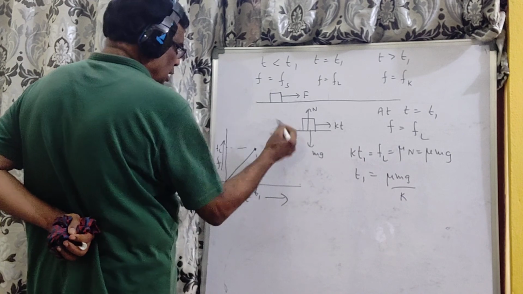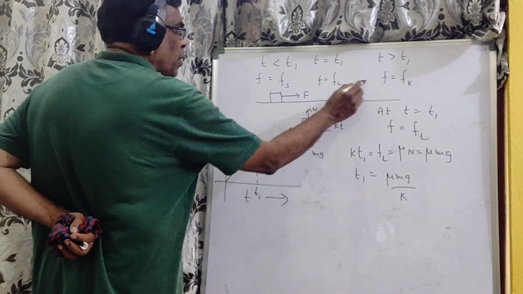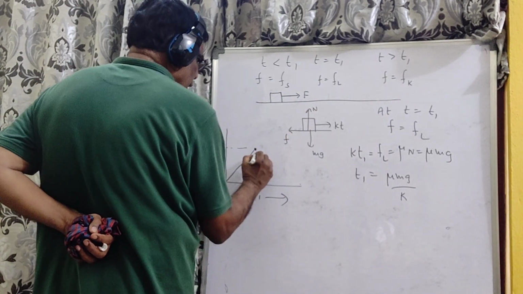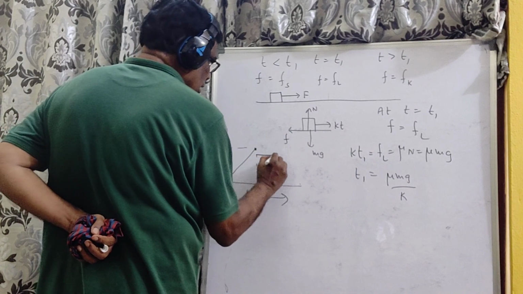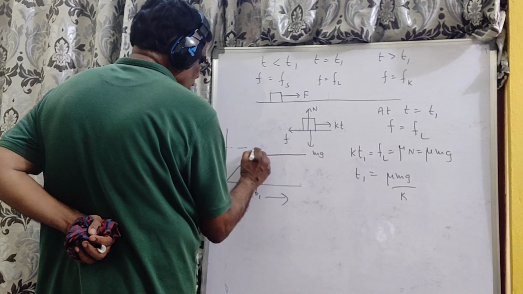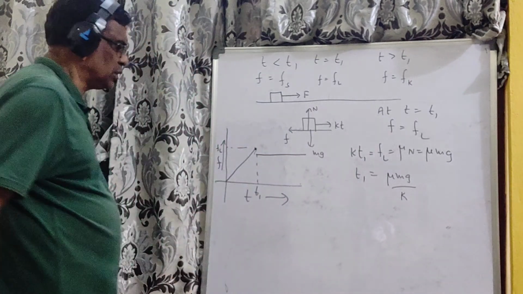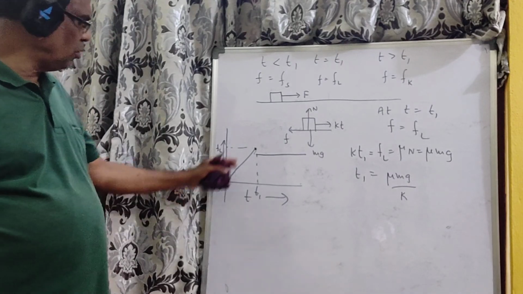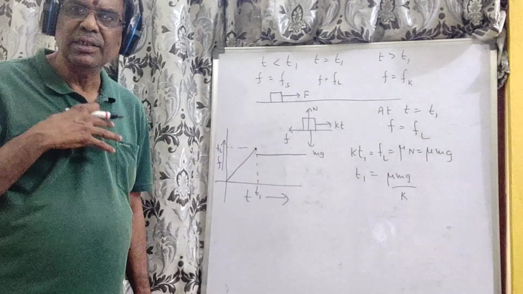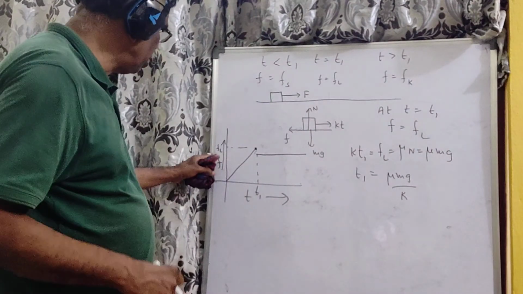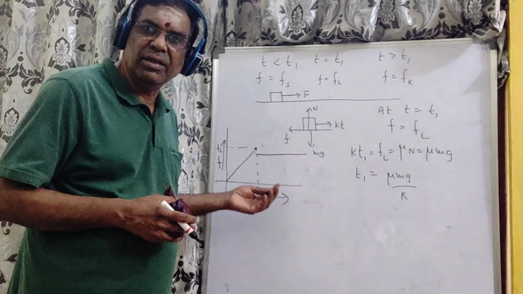Afterwards, greater than T1, it becomes Fk, and that is constant. So this is how you get the graph of frictional force varying with time.